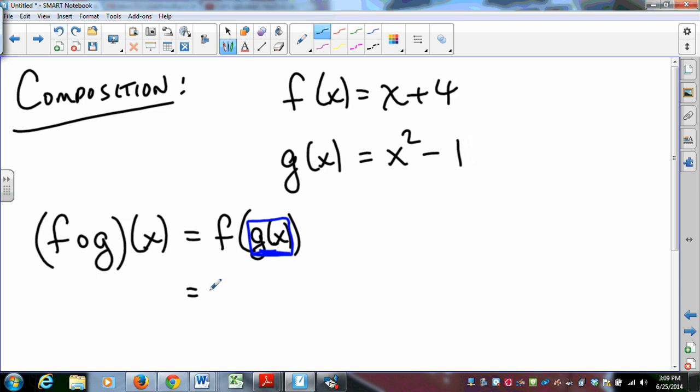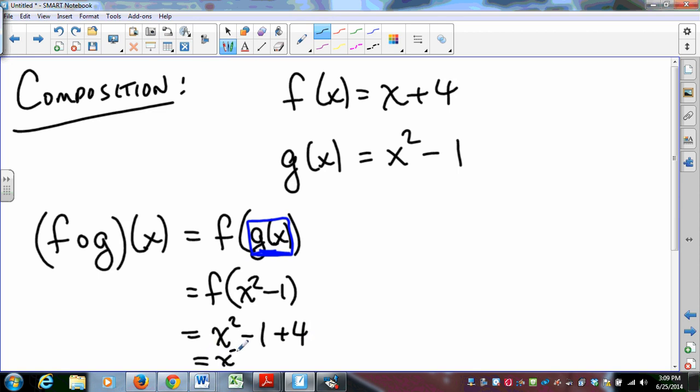So we find f of g of x. Did you notice how I said g of x but wrote g of x? Good. So now I have to think about what the f function does. What the f function does is it takes whatever the input is and adds 4.